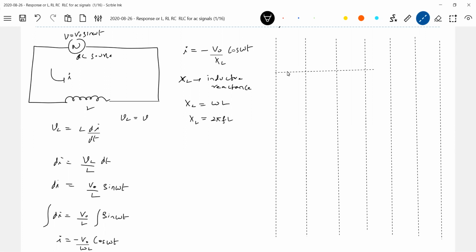First, the applied signal is sine omega t. Next, what we have is minus cos omega t.